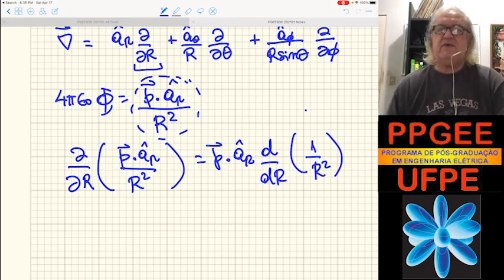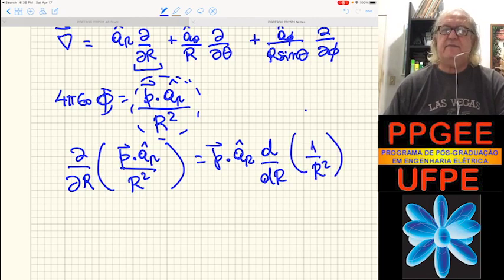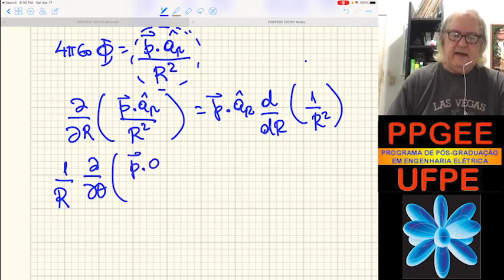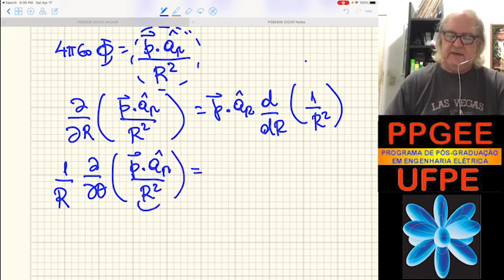I'm not going to calculate it fully, just outline it; it is somewhat summarized in the class notes. The second term is 1 over R, d/d theta of P dot a_R over R squared. Here R squared is out, so it's 1 over R cubed.